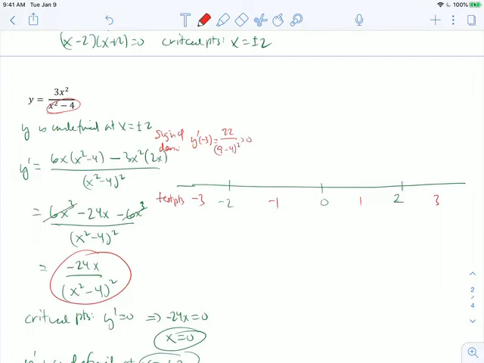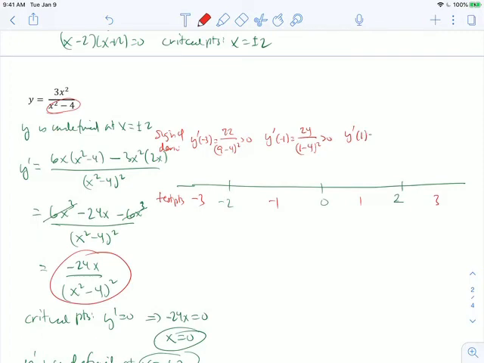That's a positive quantity. Y prime of -1 is going to be -24 times -1 is 24 over 1 minus 4 squared. That's also a positive quantity.